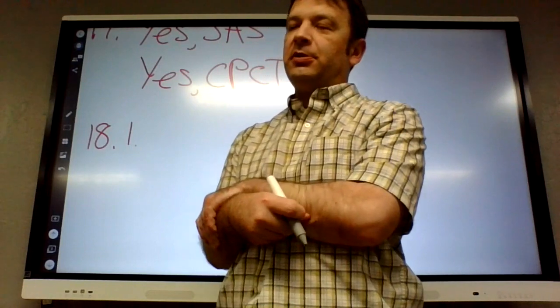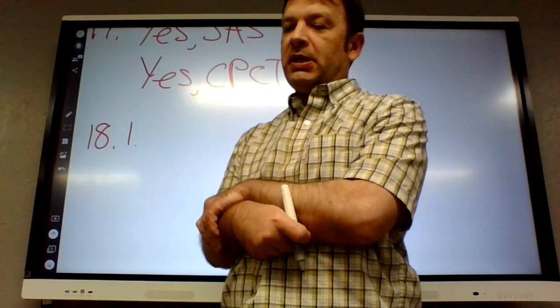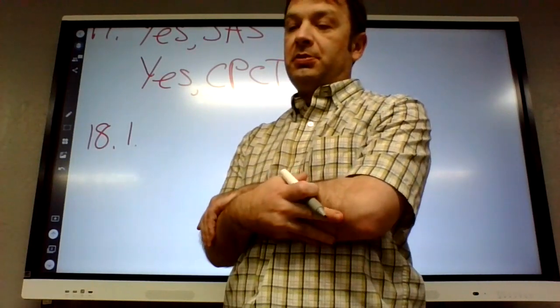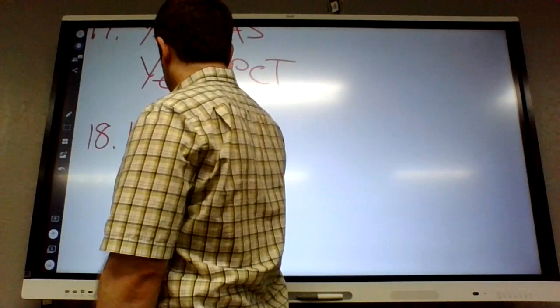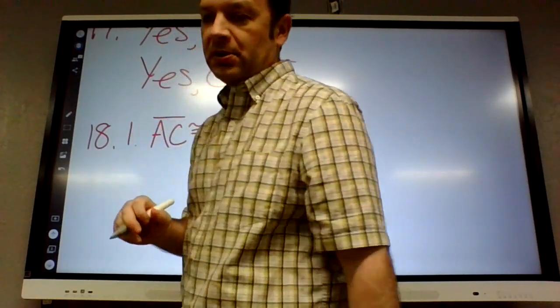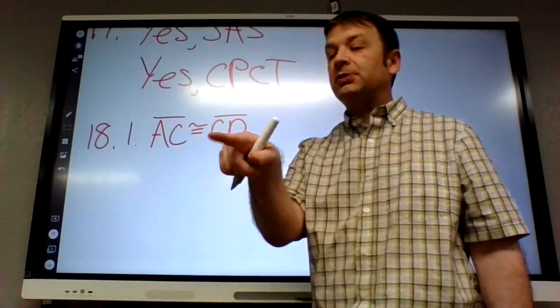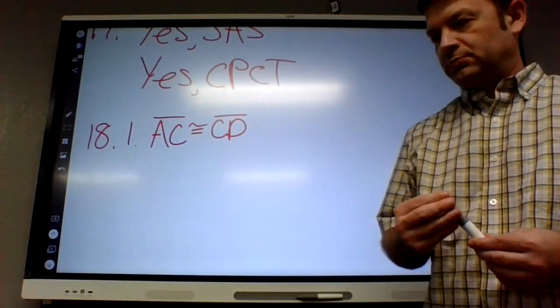No, we do not know that. On 18, what do we know? AC is congruent to CD. Yeah, that's half the given. You guys see where she got that from? Yes. They marked it in the picture, the red lines.